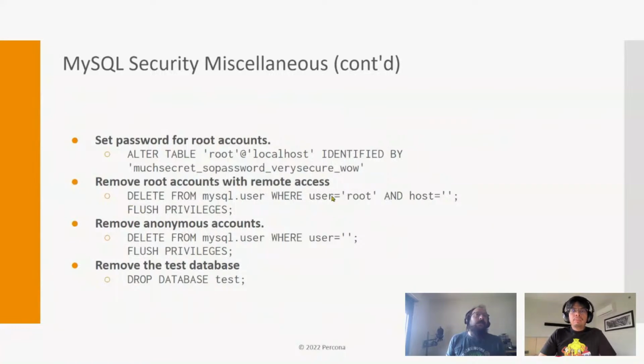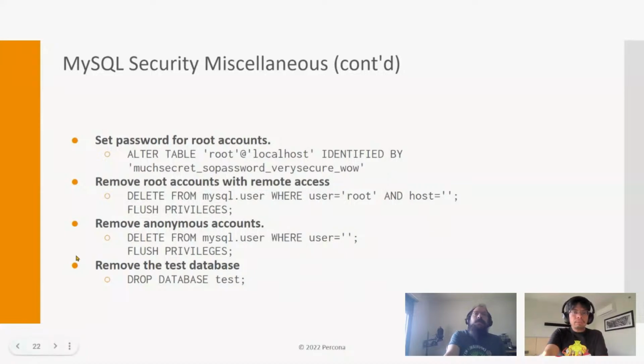So DELETE FROM mysql.user WHERE user = 'root' and host empty, because you don't want root to connect from anywhere else. Or actually, a better delete would be host not equal to localhost instead of empty. And then you do FLUSH PRIVILEGES. Also remove anonymous accounts, which are accounts with an empty string as the user.